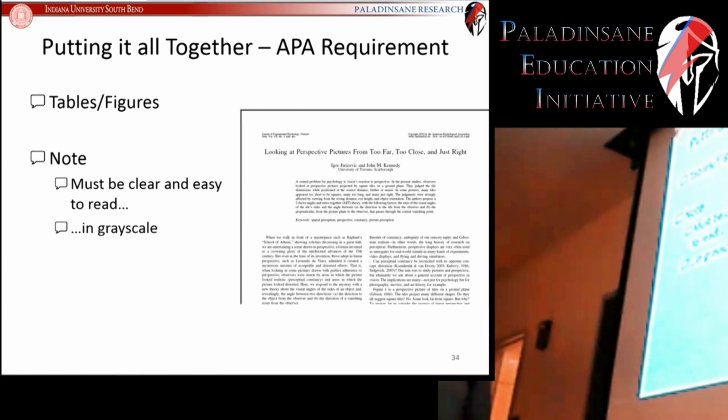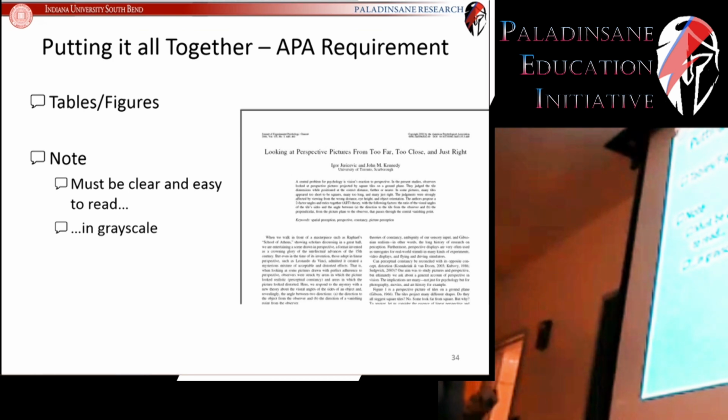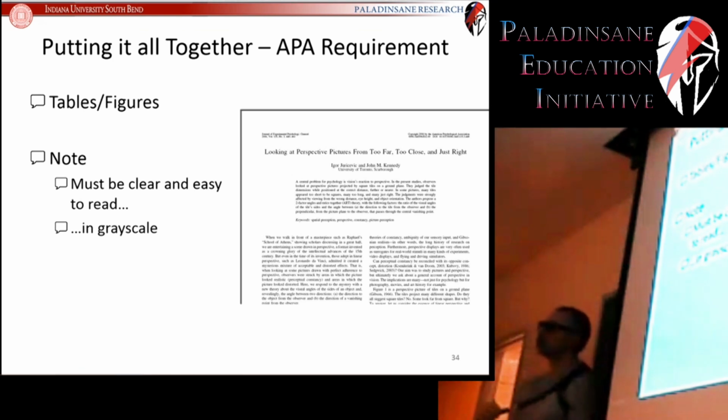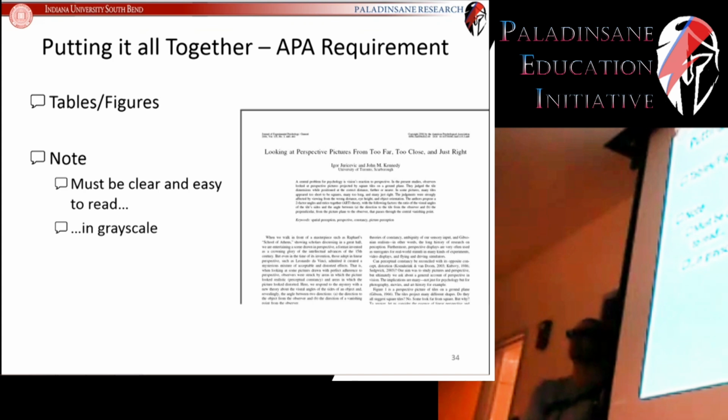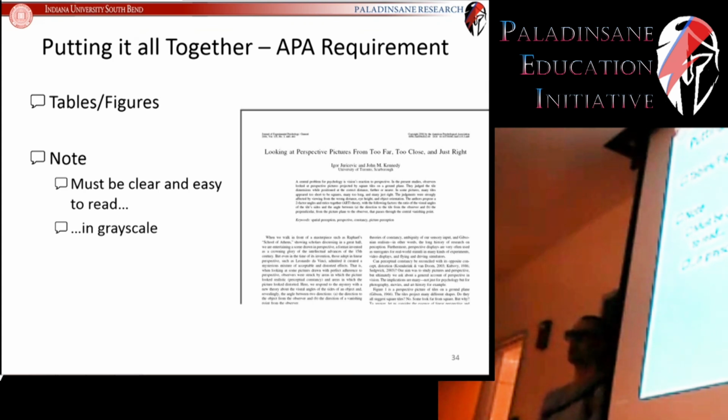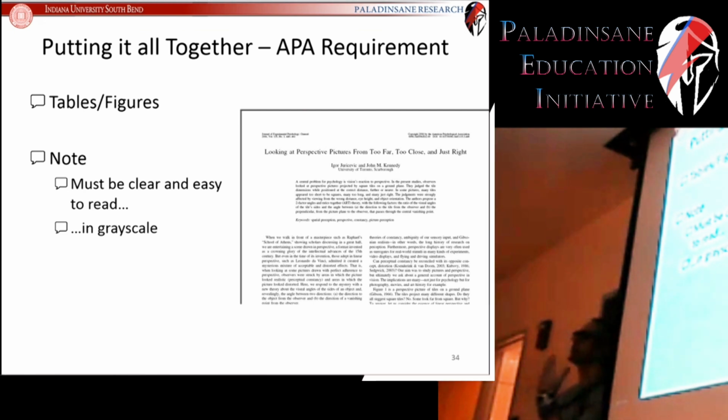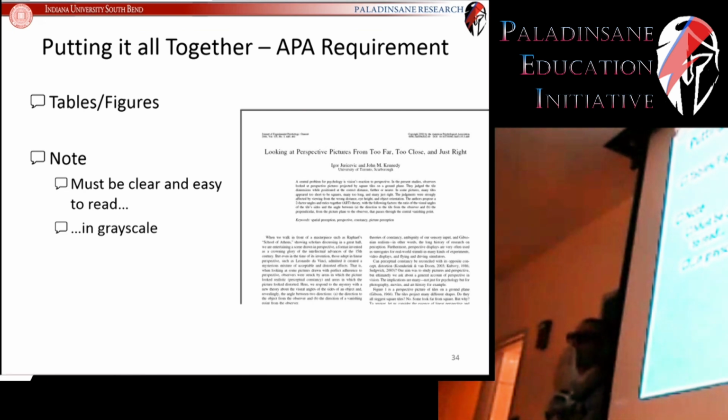So they'll still be clear and easy to read, and they need to be clear and easy to read in grayscale. This is part of the challenge of making the figures. The ones that I provided to you in the PDF for the results section, as well as interspersed in the PowerPoint files as we discussed our results: if you just simply take those, put them into a Photoshop program, and click on grayscale, what you'll find is that half of the bars will become dark gray, and the other bars will become slightly darker gray.